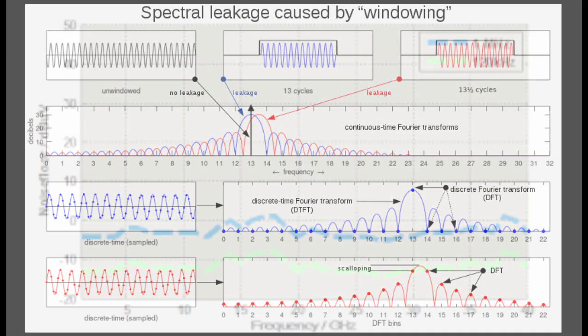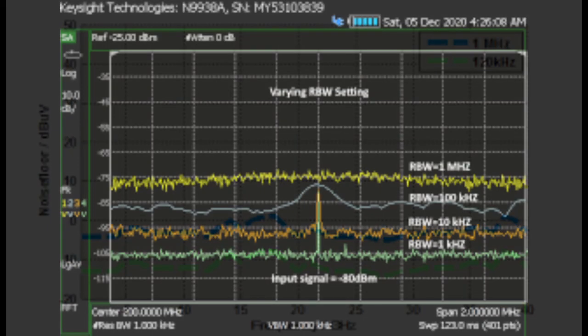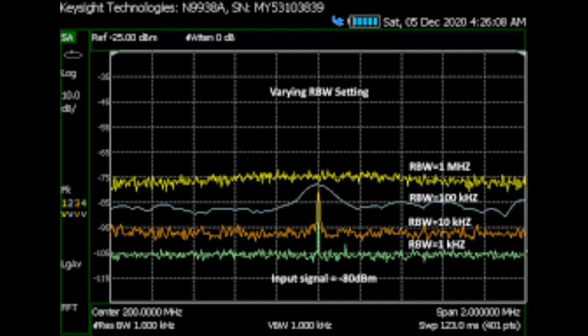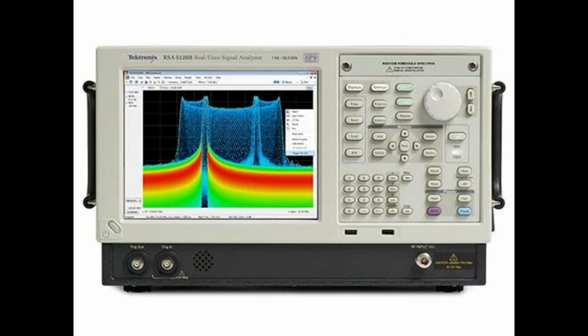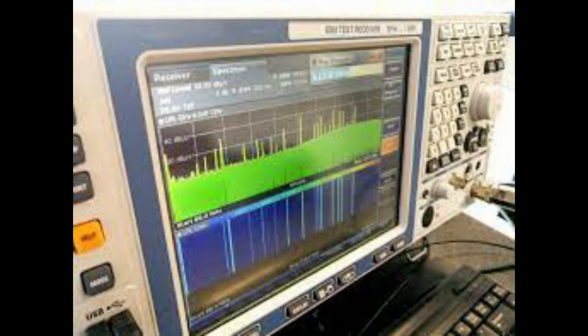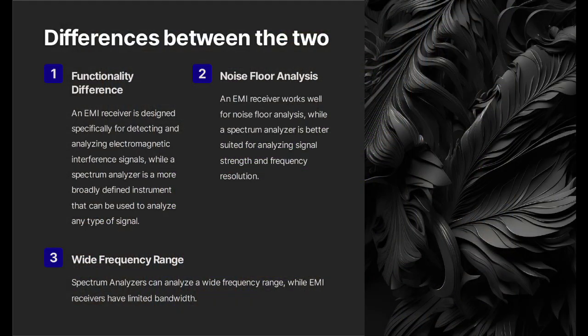Then second is noise floor analysis. An EMI receiver works well for noise floor analysis, while a spectrum analyzer is better suited for analyzing signal strength and frequency resolution. So the very important part is that the EMI receiver works very well for noise floor analysis. If you want to measure and do noise floor analysis, then the EMI receiver is the best instrument.